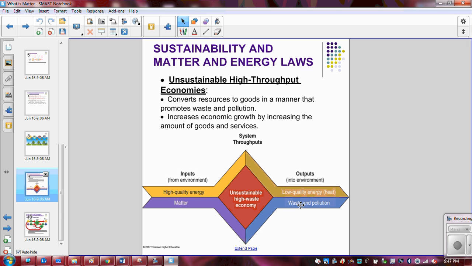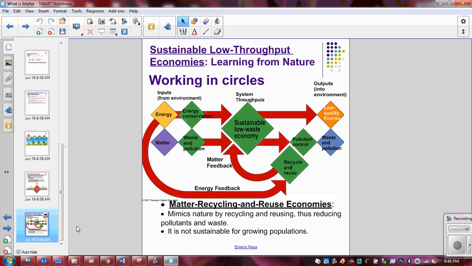We also have the more typical wastes that we think about, the trash and the pollution that comes from all of these things that we buy. So in this way, we're not mimicking nature because nature recycles. Nature reuses. Nature works in circles, and outputs become inputs.